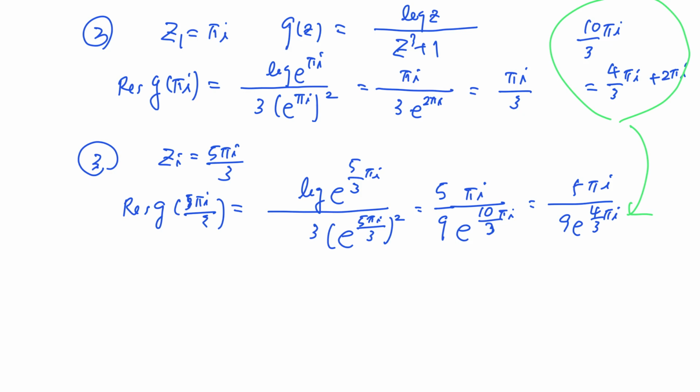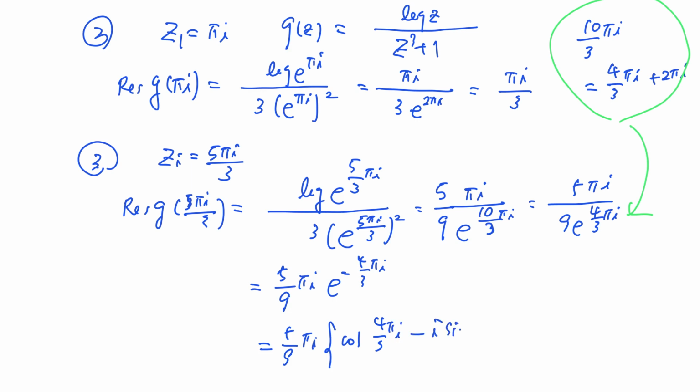So this is the same as 9 over 5 pi i times exponential minus pi i over 3, cosine minus i sine.